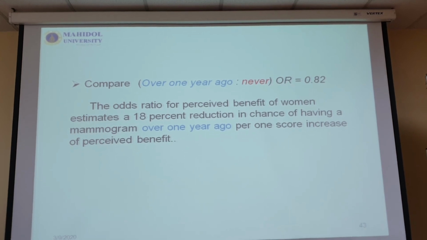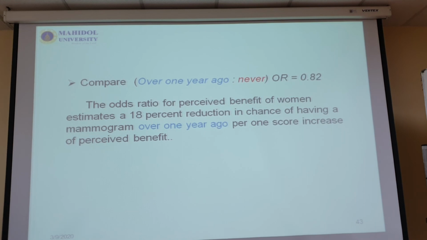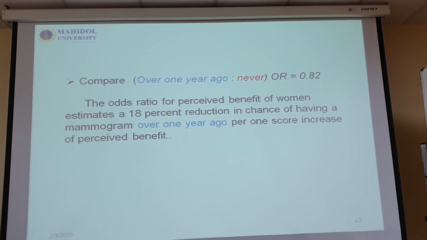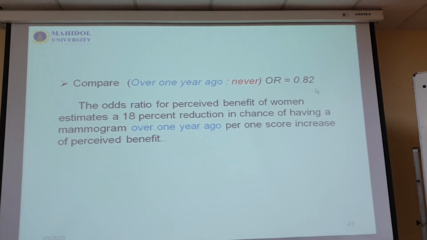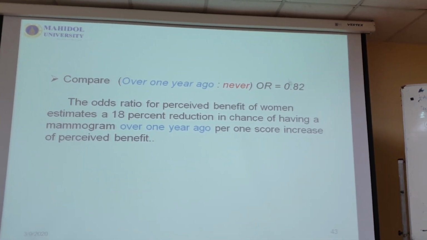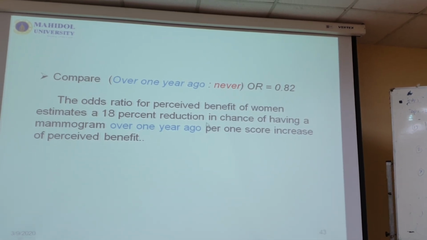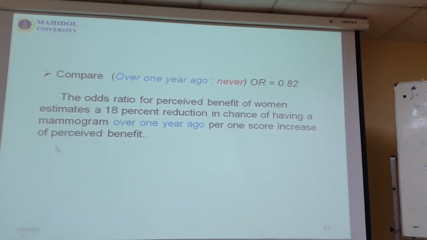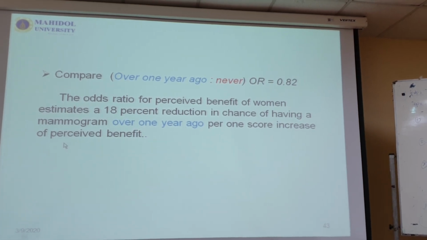This is just an example. You can write it another way to give the same meaning. So the odds ratio for perceived benefit of women estimates an 18% reduction, where 18% is 1 minus 0.82 times 100, in chance of having a mammogram over 1 year ago per 1 score increase of perceived benefit.